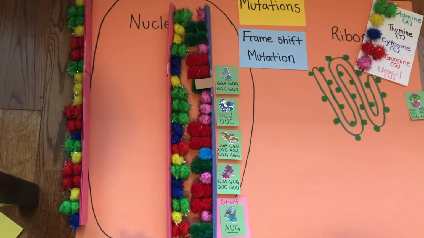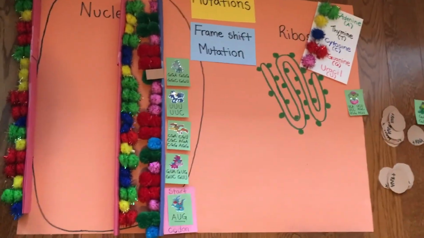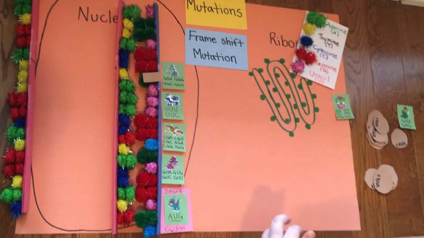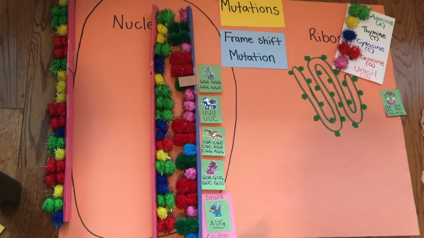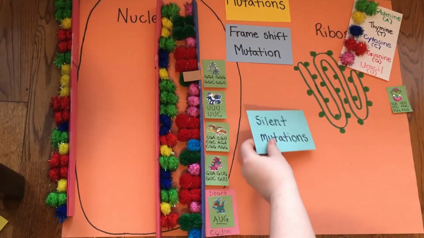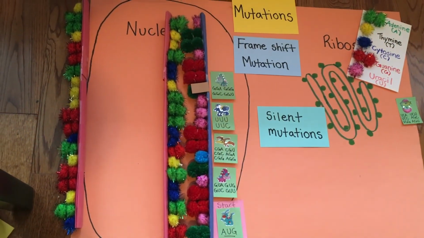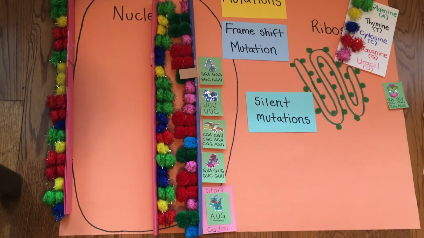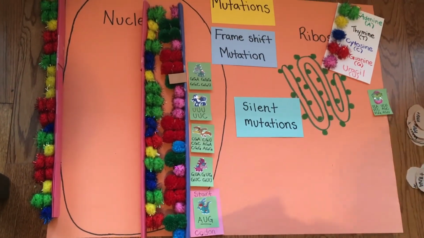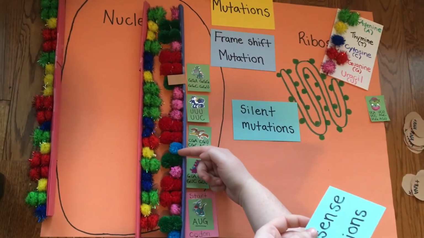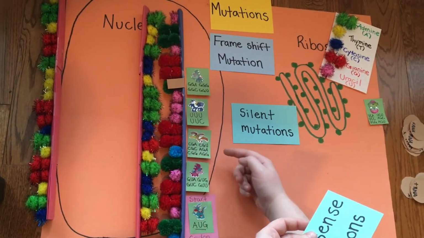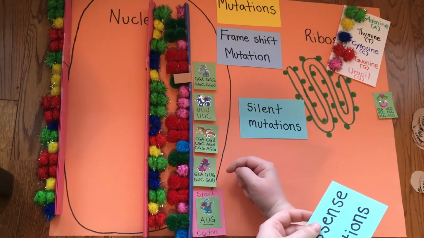So when we have mutations, they can occur in two different ways. First, we have what we call silent mutations. And this is what happens when there are changes to the bases, but the amino acid stays the same.